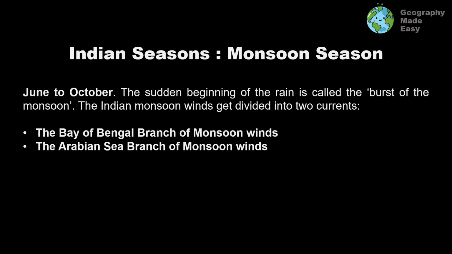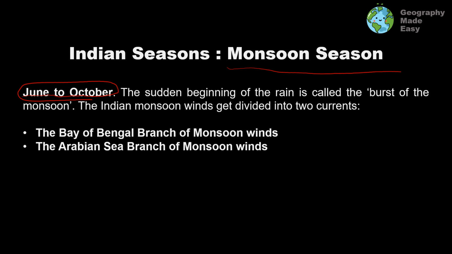Now we move into the most important season of the climate of India, which is the monsoon season. The monsoon season starts in June and ends in October. Actually, it doesn't end in October. It continues with the retreat or the withdrawal of the monsoons.